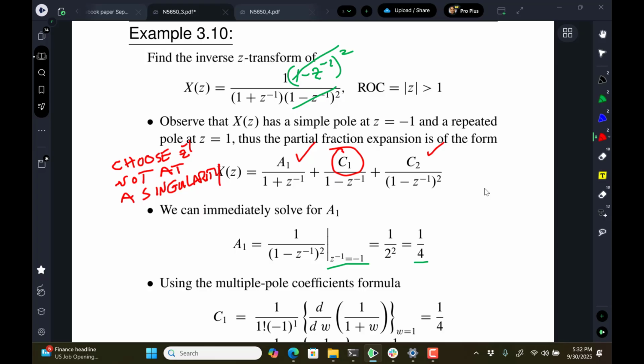When I say not at a singularity, it's going to be not at one of the poles. So what do you want to pick? You want to pick it easy too. In this case, what value of z to the minus 1 is good? 0. Agreed? Okay, so we pick 0.